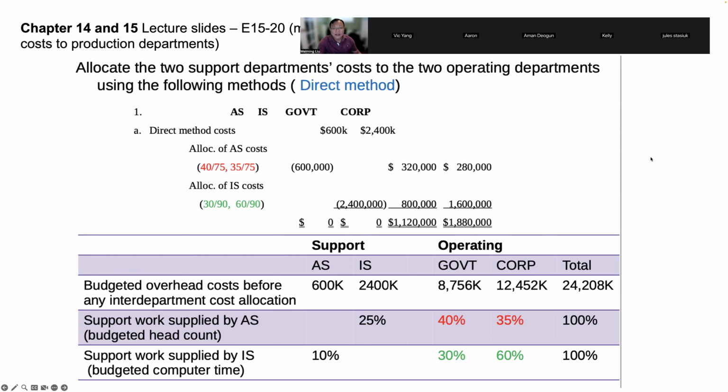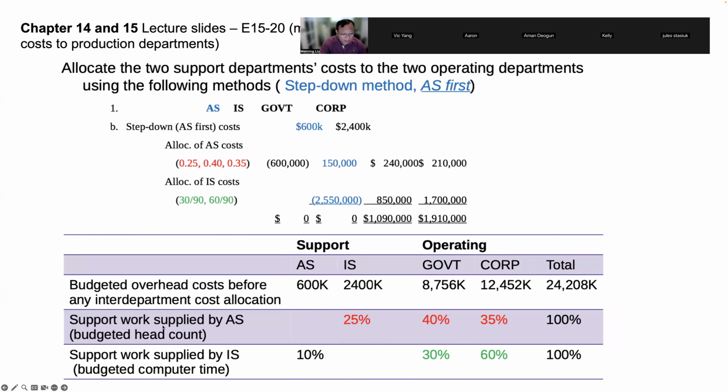this is probably the easiest one. I'm going to ignore the mutual service between the two supporting department, okay? So I will treat it as if AS didn't do anything for IS, IS didn't do anything for AS, okay? So that's basically how we do it, right? So now, in that case, you can take a look at AS, right?